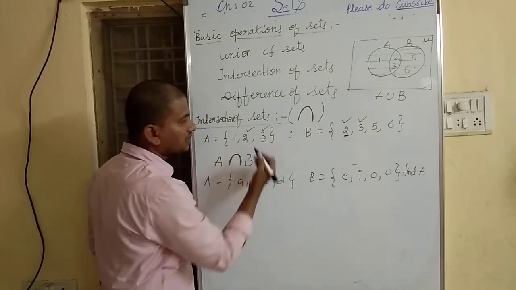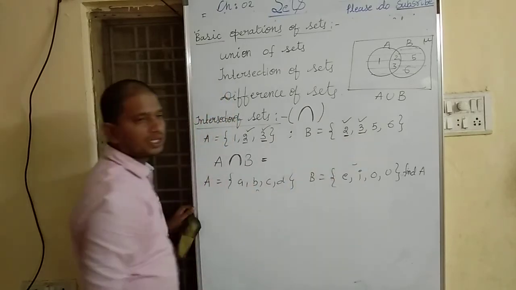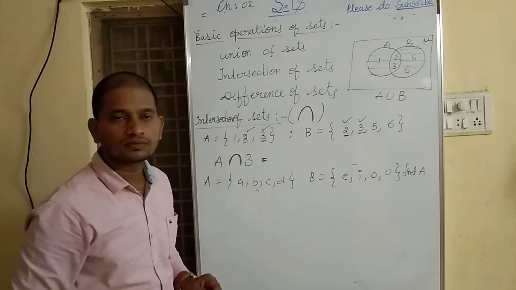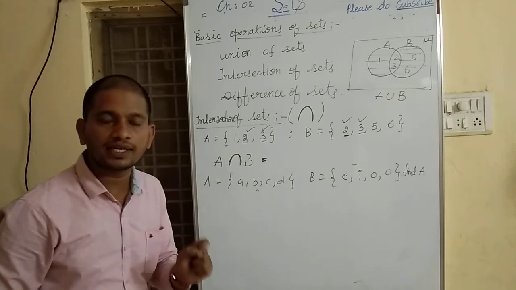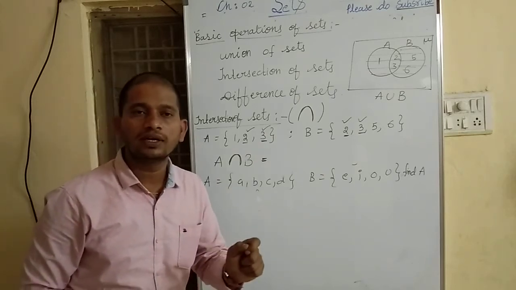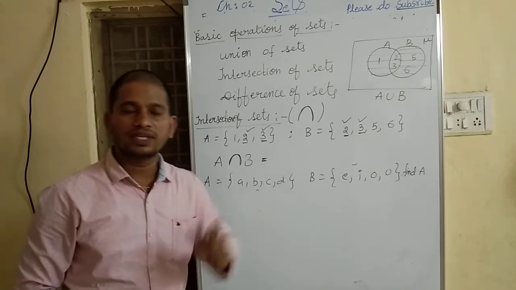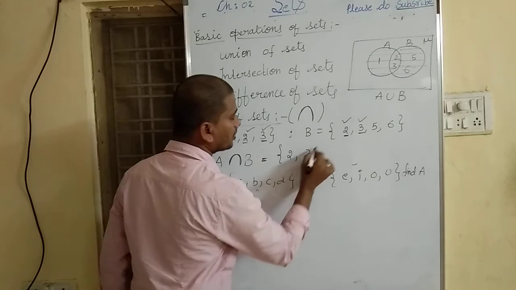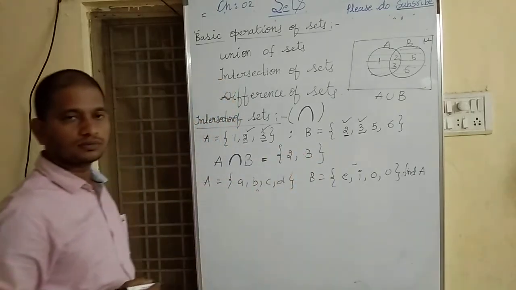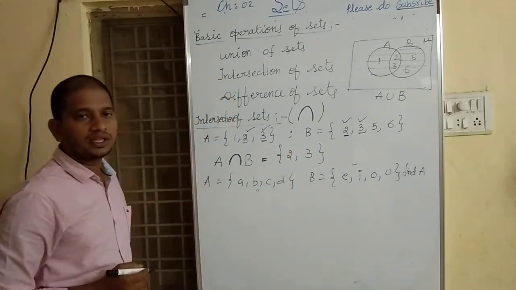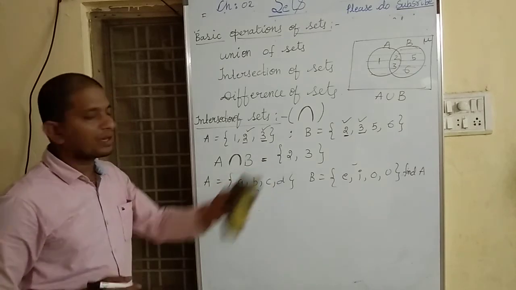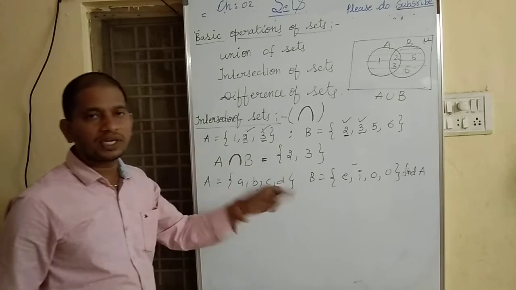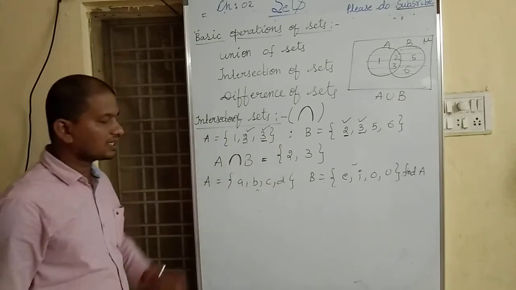In set A 3 is there, in set B also 3 is there. Here the common elements are 2 and 3. So intersection is nothing but set of common elements. So therefore A intersection B equal to 2, 3.